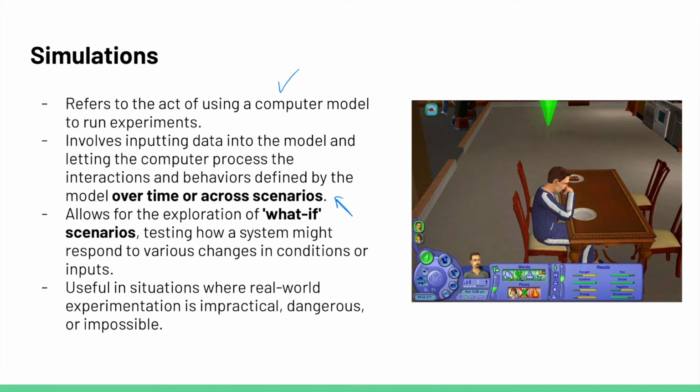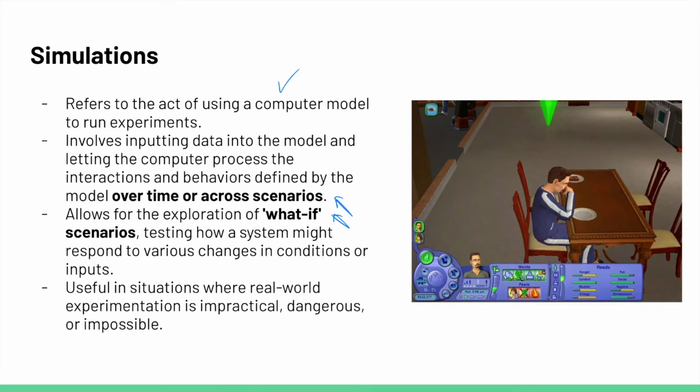Simulations seek to output the behavior or results of a model over a longer period of time. And this allows for the exploration of what-if scenarios, but on more of a time scale. So we're seeing how things would play out over a longer period of time.